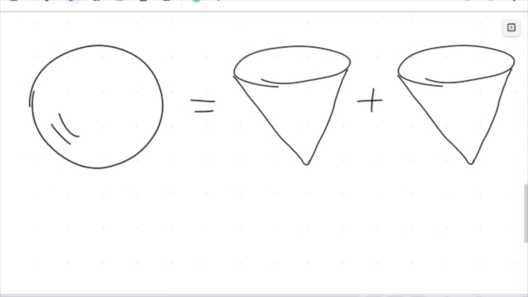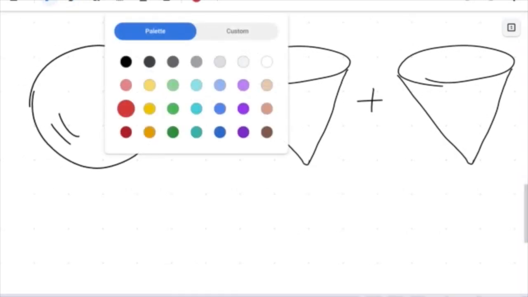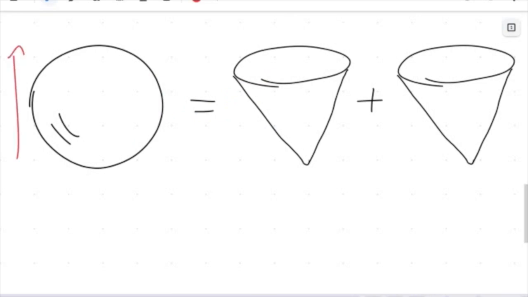So if I had the same height of this sphere, h, as each of these cones, h, and the same radius as well, all of these have identical radii.